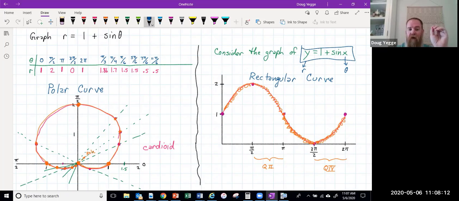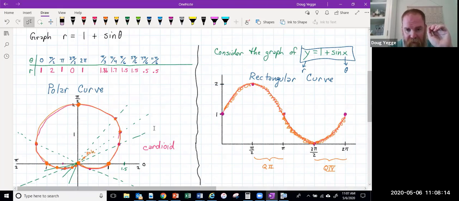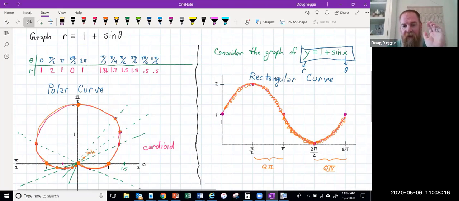It was already drawn, but I basically could have started from scratch by just saying, let's plot at the angle of 0, plot 1, at the angle of pi over 2, plot 2, at the angle of pi, plot 1, and at the angle of 3 pi over 2, plot 0, and at the angle of 2 pi, plot 1.